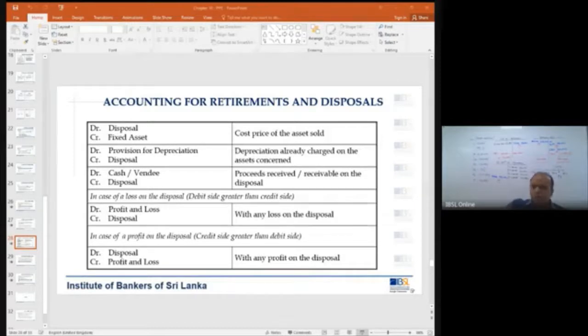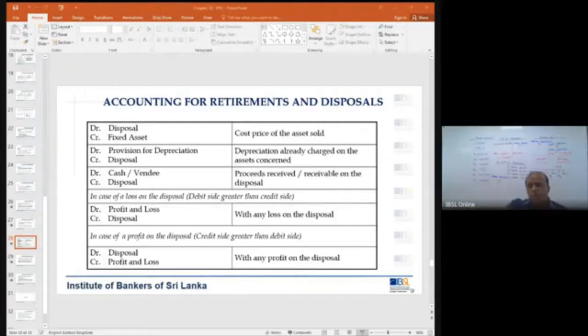But on top of that, if you have any decrease in value of the asset due to any other reason, say a natural disaster, due to floods, an asset has got damaged and its value has come down. You know that the value has come down, but still you can use it.